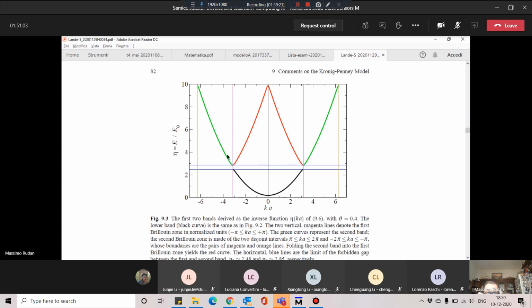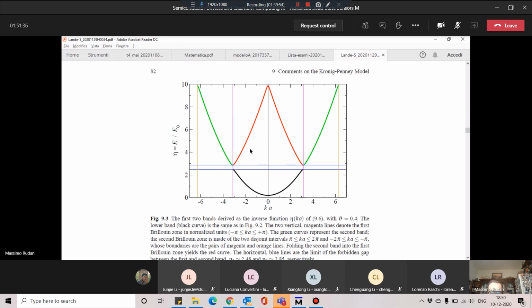The first Brillouin zone is between the vertical line here, the magenta colored here, and the magenta colored line here. Of course, it is pi and minus pi in this scale, okay? On the other hand, we may also decide to provide a different representation.